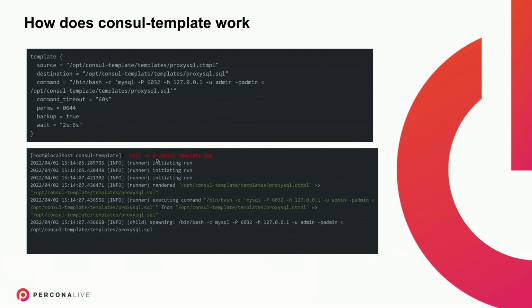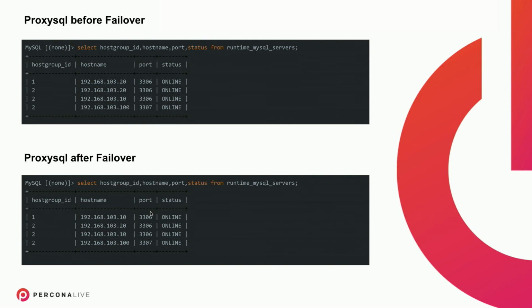Here are the logs you can see below. Here it is executing the command for updating ProxySQL. This is ProxySQL before the failover, the runtime MySQL servers, with hosts like 20, 20, 10 and 100.